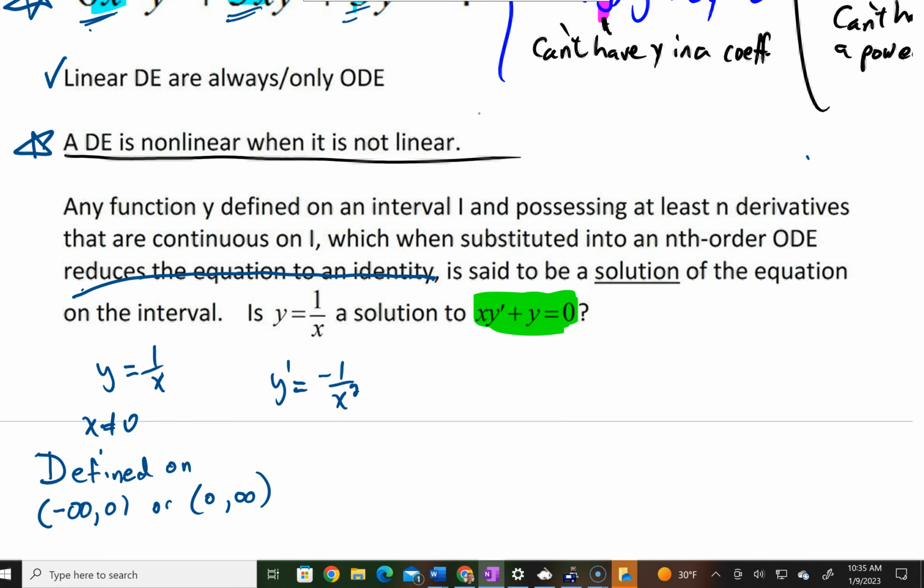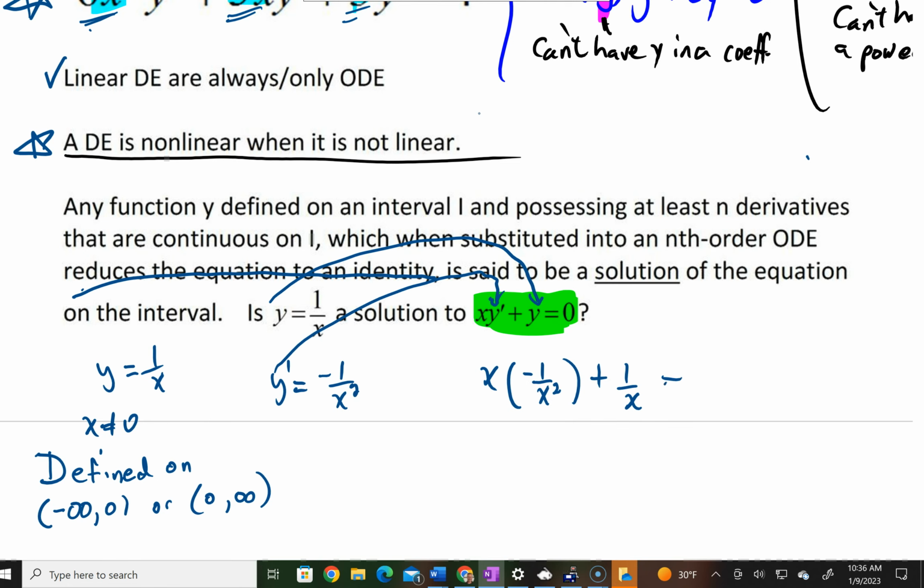You bring negative 1 down, subtract 1, you get x to the negative 2. So kids will say, how do you know if it's a solution or not? Here's what you do. You go x, but plug in your y prime, plus plug in your y.